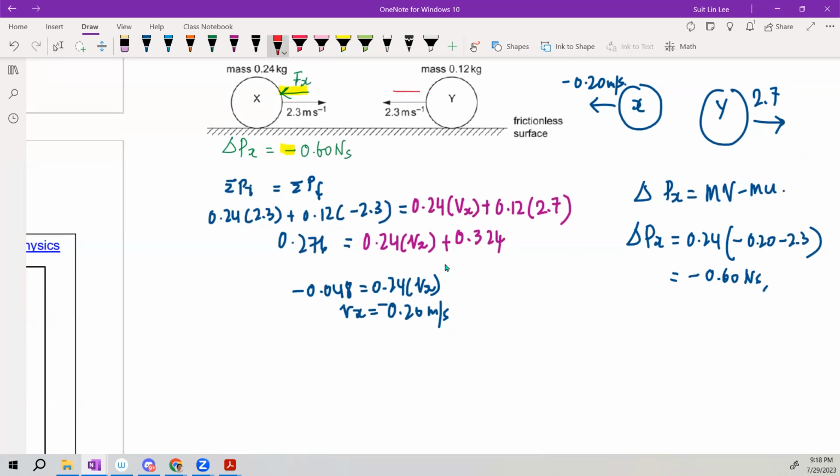The change in momentum on y is positive 0.60 Newton second, because y is in the positive direction. Another way to show this is by drawing the graph of the force on x, in the negative direction, and then the force on y, which is in the positive direction, but mirrored.